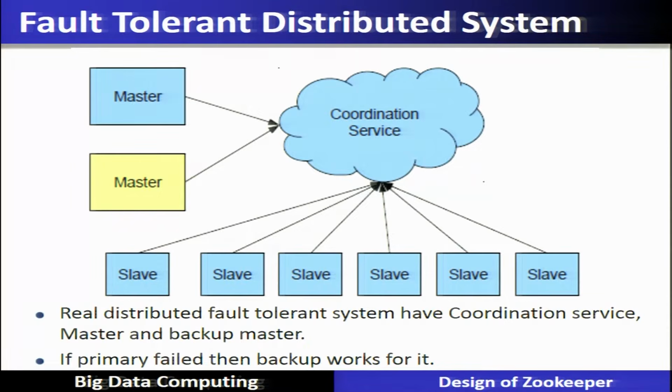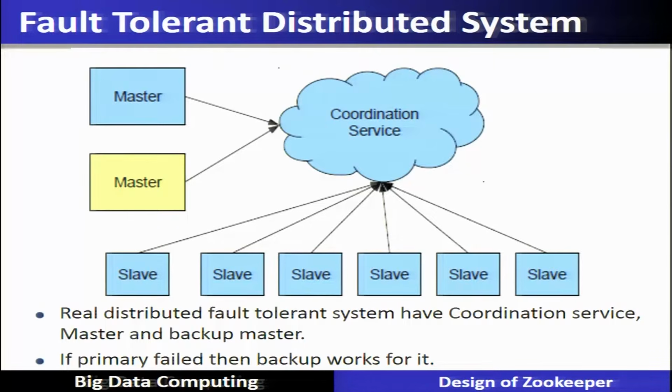This coordination service is very much required to achieve a fault tolerant coordinated view of any application in a distributed environment. So, real distributed fault tolerant systems have a master and a backup master.